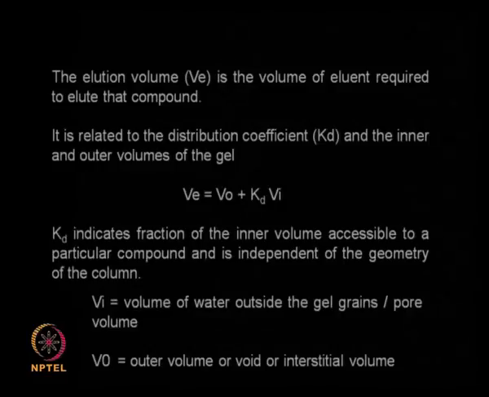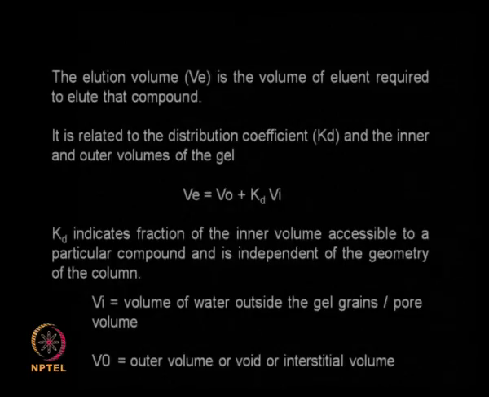There is something called elution volume, that is the volume of the eluent required to elute a compound. So what do we do in gel permeation chromatography? We inject our solute in the feed at time equal to 0, and then we are adding an eluent. The solute travels through the column and finally it comes out.